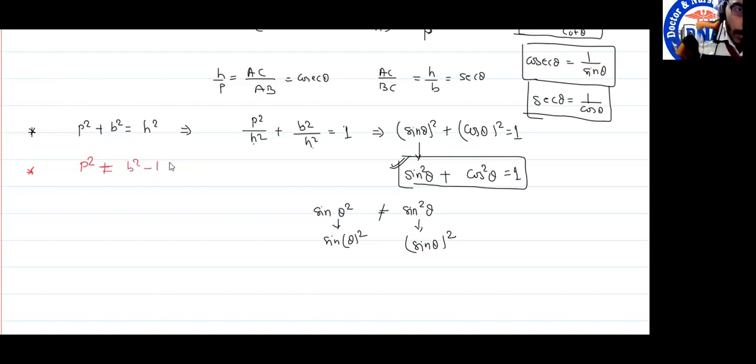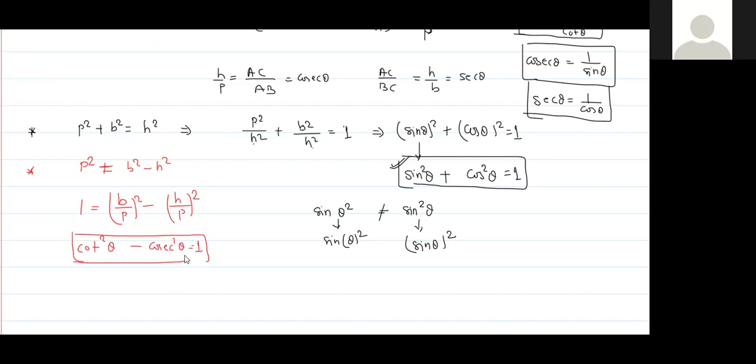If you divide both sides by p square, then h by p whole square minus b by p whole square equals 1. Base by perpendicular is cot theta, so cot square theta. Hypotenuse by perpendicular is cosec theta. So cosec square theta minus cot square theta is equal to 1.